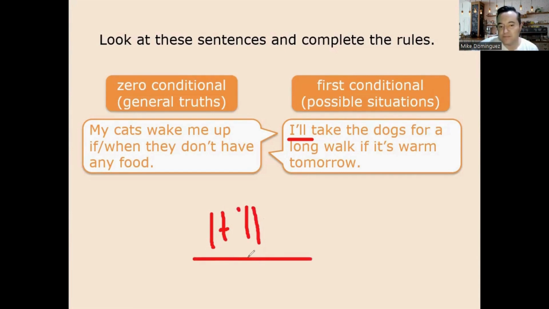It'll. Melly, it'll. Olga, it'll. Very good. Mary, it'll. Very good. This is a contraction of the noun and the auxiliary will.